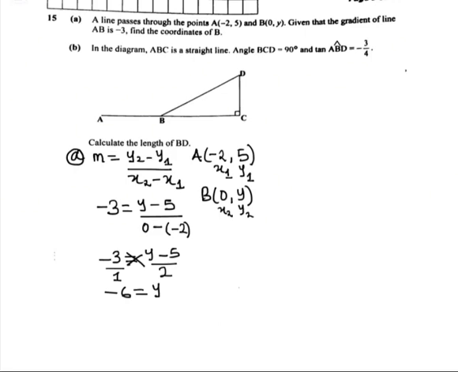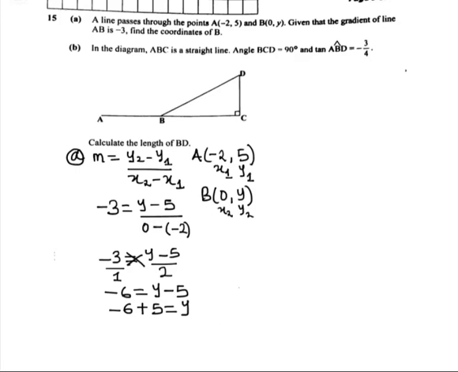Then 1 times -5 gives us -5. Collect like terms. When you move that -5 to the left side, it becomes positive, and we have -6 plus 5 equal to y.